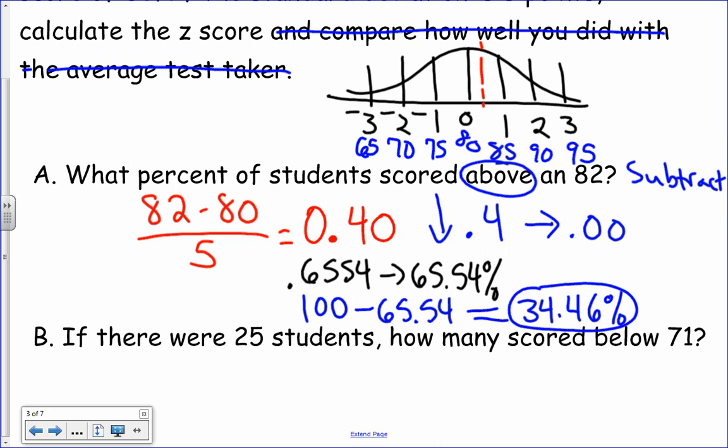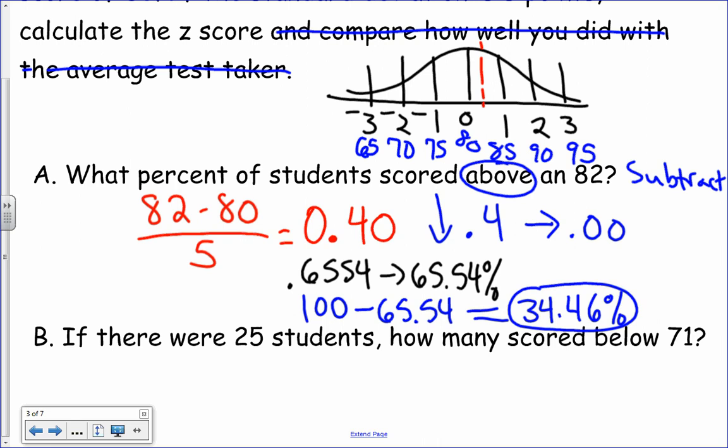So think about this for a second, because this is a test. The average of the test was 80, right? So 82, that's above average on this test, right? So it's probably fewer students than the majority that made above average test scores, yes?